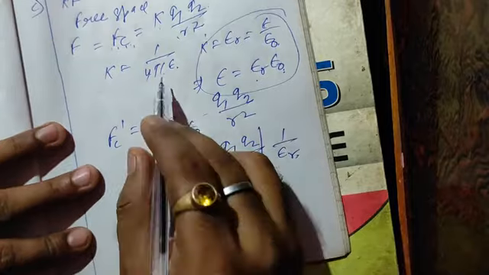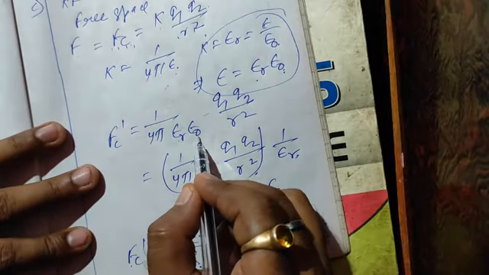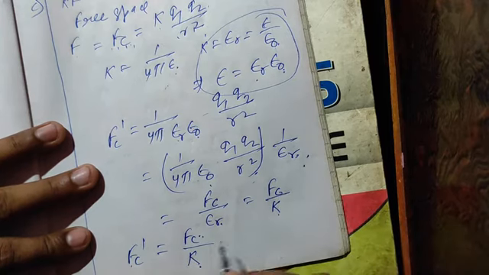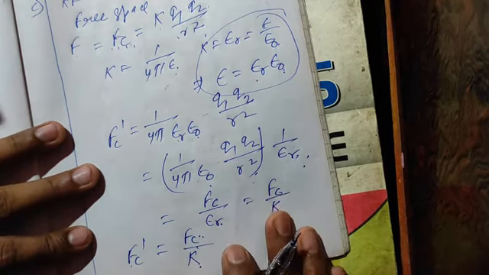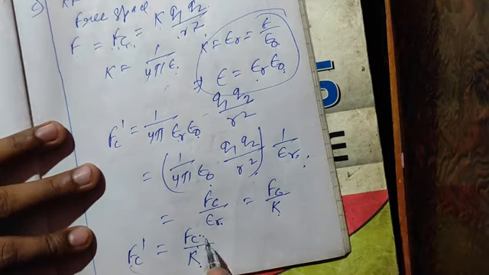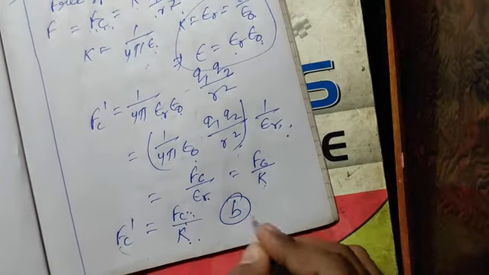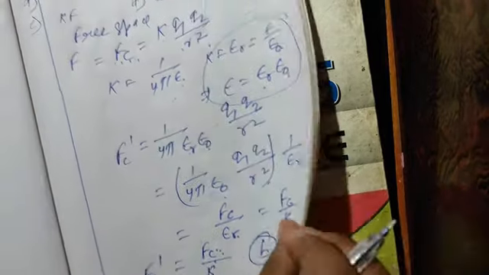When epsilon is replaced by epsilon R into epsilon naught, and epsilon R has a value of K, the new force will be F / K. It means it will be the ratio of the earlier force and dielectric constant K, and the right answer is option B.